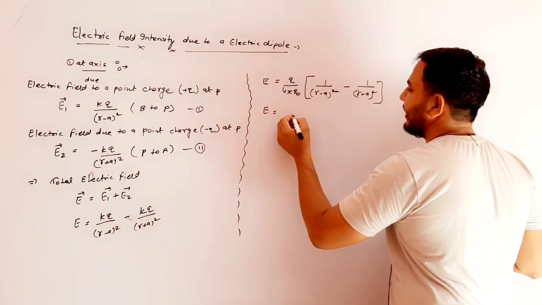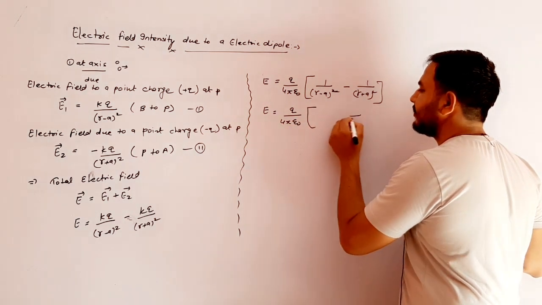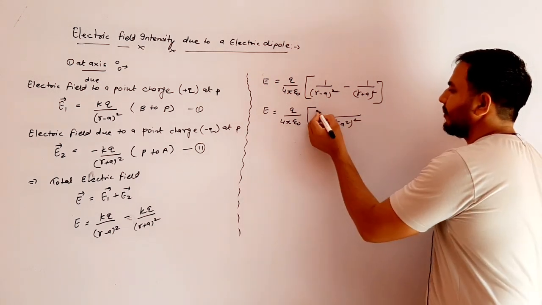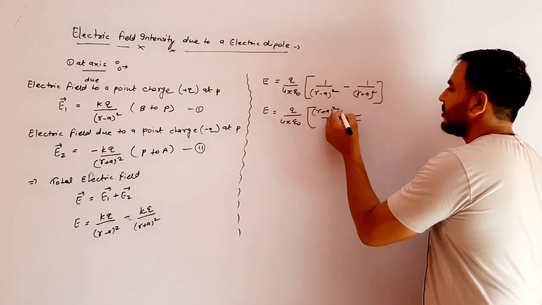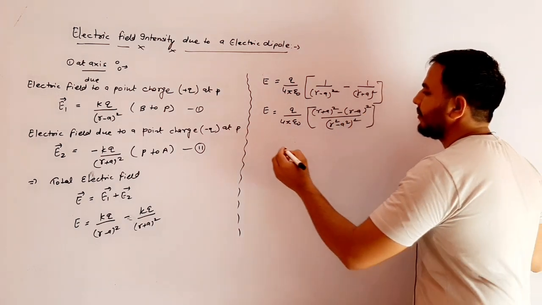LCM is q upon 4 pi epsilon naught, r square minus a square whole square, into r plus a whole square minus r minus a whole square.